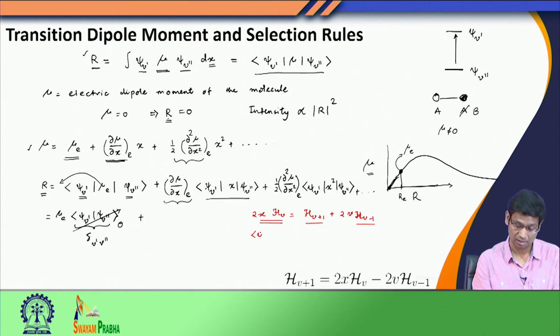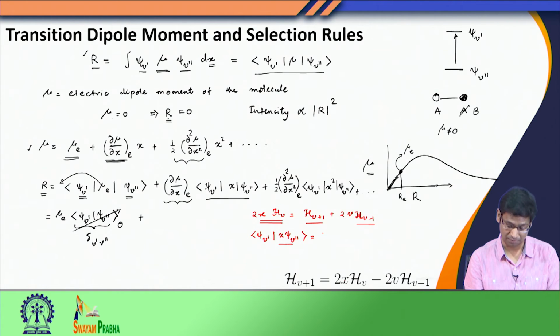So, let us look at this psi v prime x psi v double prime. In this case I am writing psi v double prime, and we are only going to consider the Hermite polynomial.